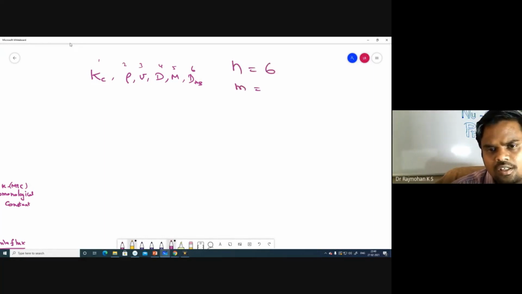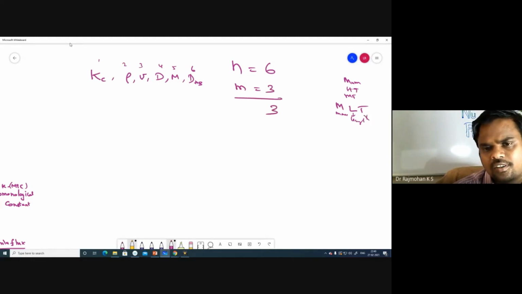M is the minimum number of dimensions required for any momentum transfer, heat transfer, and mass transfer. 3 dimensions are important: M, L, and T, that is, mass, length, and time. So we have M equal to 3.